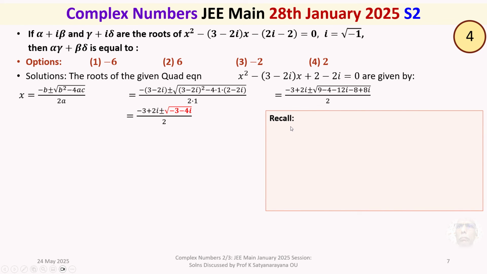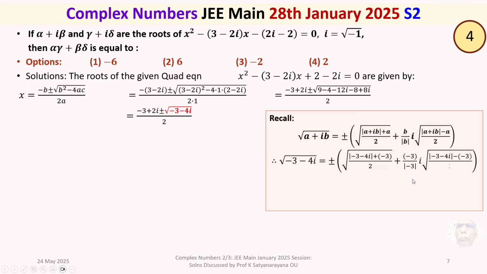Recall what we have studied in our lower classes: the square root of a plus ib is equal to plus or minus of (the square root of (mod of a plus ib plus a) whole by 2, plus b by mod b times i times the square root of (mod of a plus ib minus a) by 2). Now a is minus 3, b is minus 4. Substitute in this.